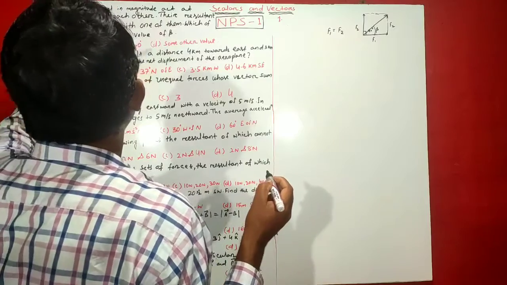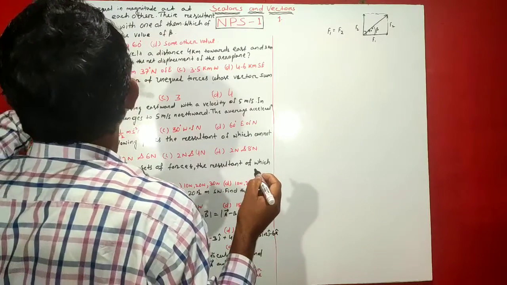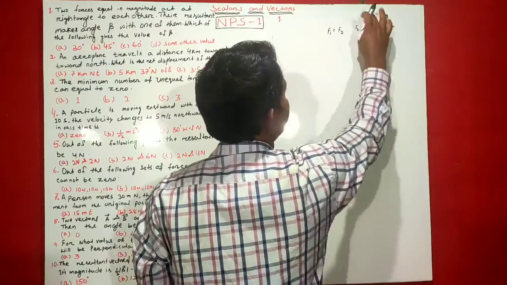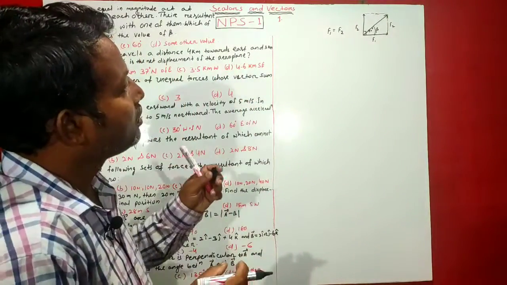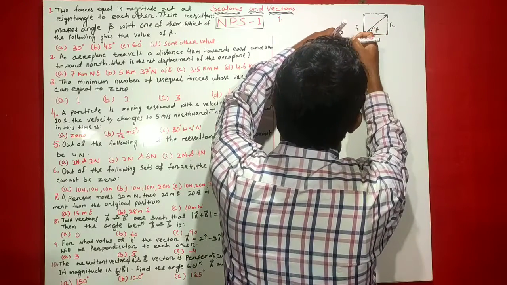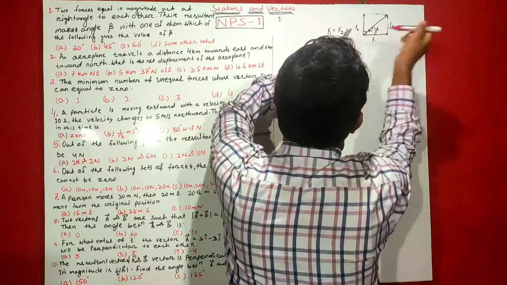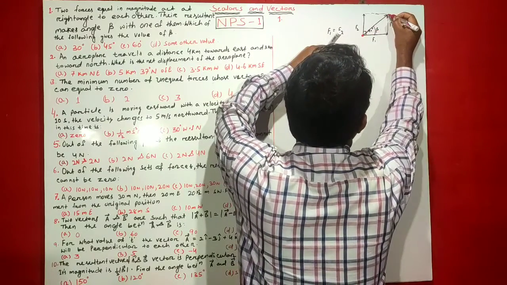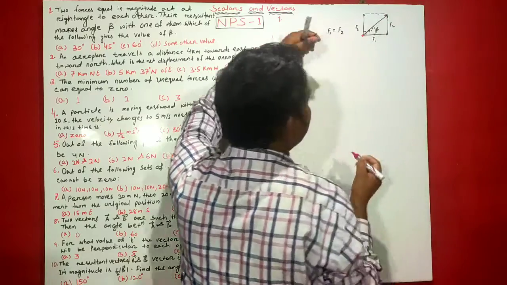The resultant makes an angle beta with one of them. Which of the following gives the value of beta? Look, this is F1 and F2, two equal forces. When we apply equal forces on this body, it moves along the diagonal of the parallelogram.